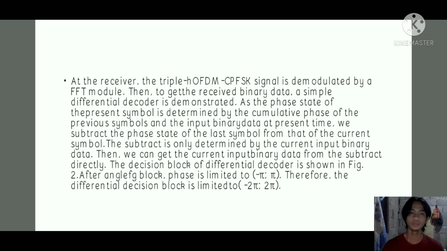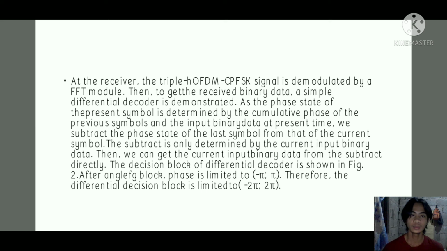At the receiver, the triple-h OFDM CPFSK signal is demodulated by an FFT module. Then we get the received binary data. A simple differential decoder is demonstrated.